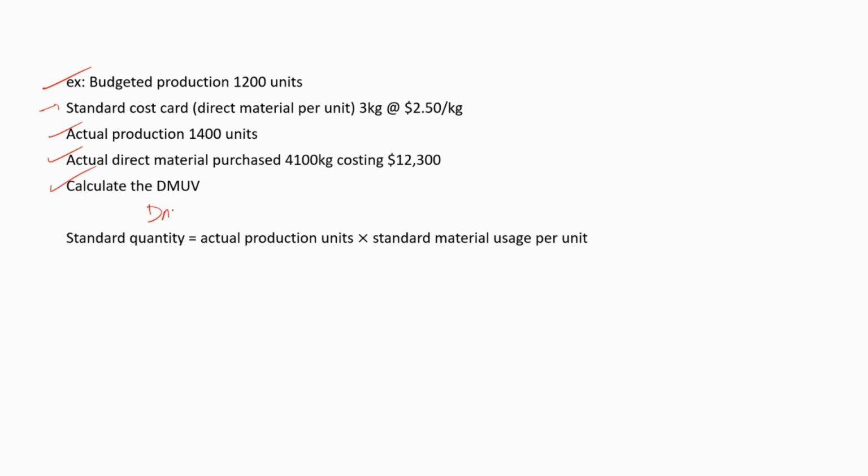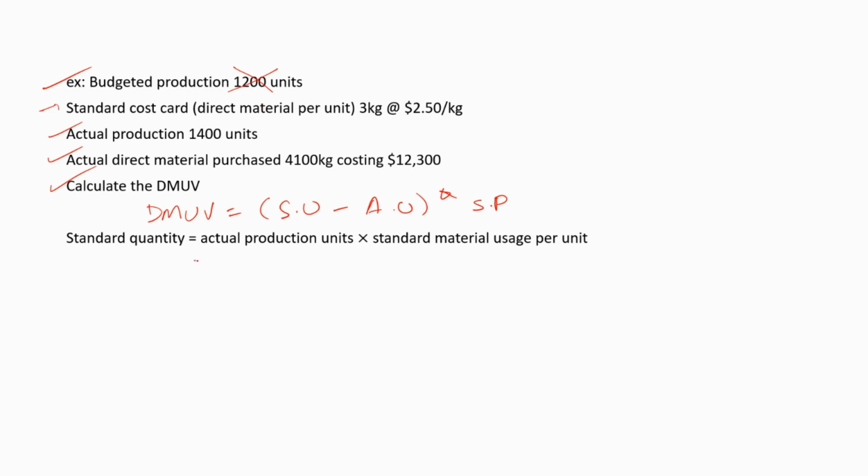So the direct material usage variance is equal to standard usage minus actual usage, multiplied by the standard price. As I said earlier, this budgeted production unit figure is not relevant to the calculation of variances.